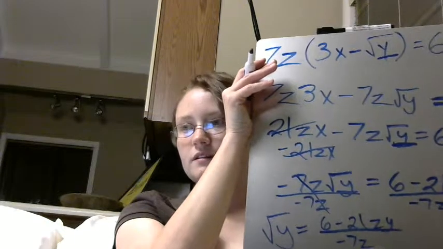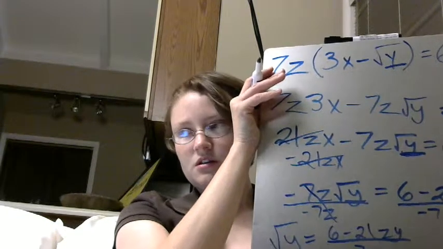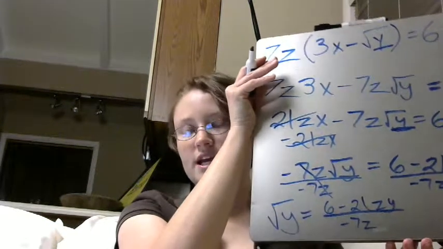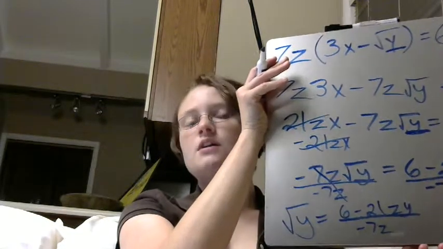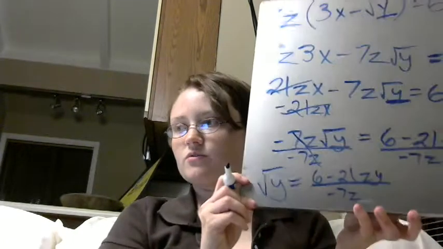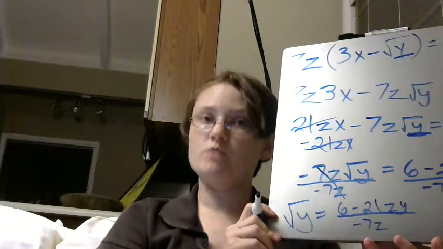Now what do we got? Step 5, root or exponentiate. We've got a pesky root hanging around here. How do we get rid of a square root? Exactly. We square. If we want to get y out from under the square root, square it. If we square one side, we have to square the other side. So let's square both sides.